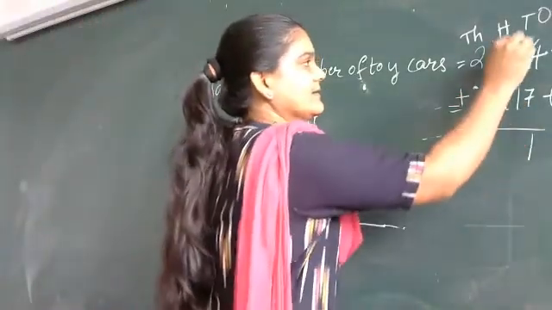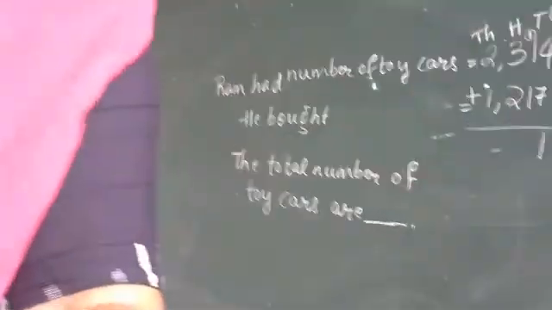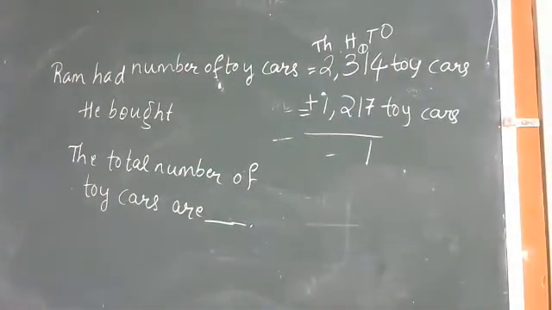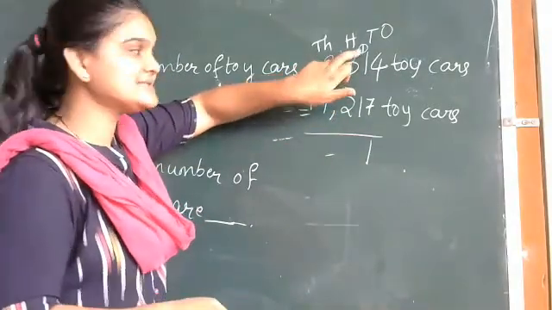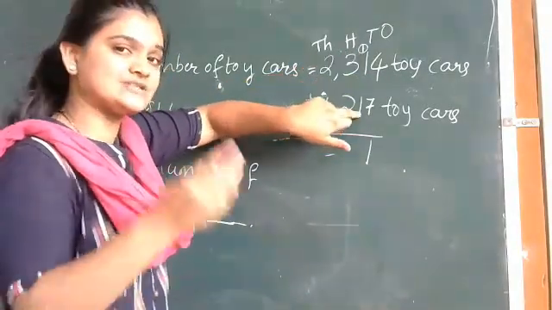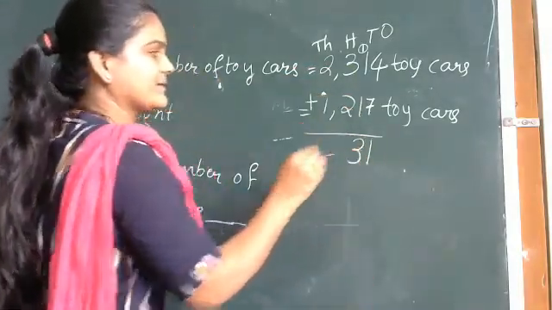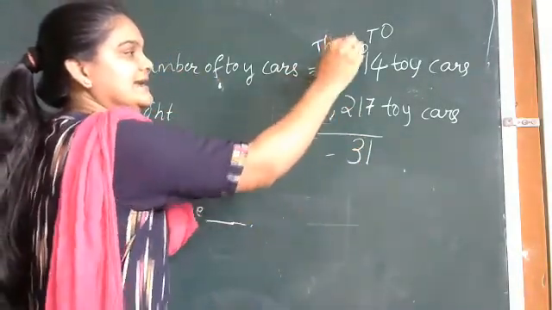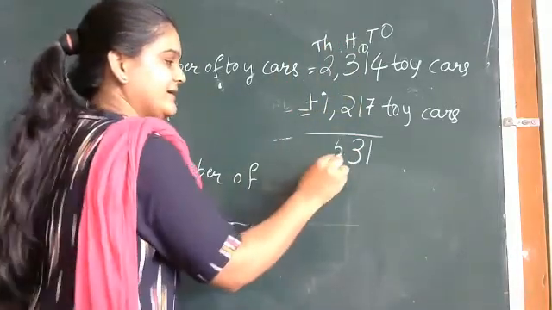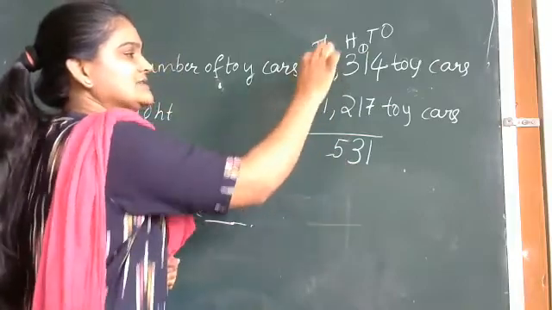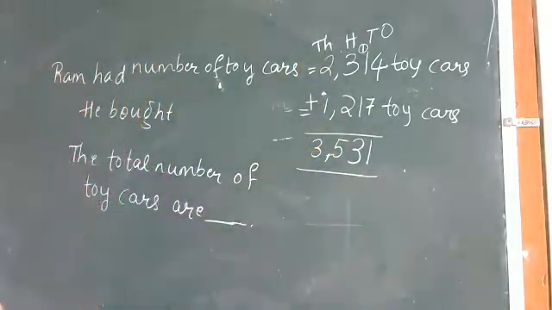I hope this part is visible. Yes, ma'am. Okay. So 1 ten plus 1 ten, totally 3 tens. Yes. Next, 300 plus 200, it is 500. Yes. 2000 plus 1000, it is 3000.